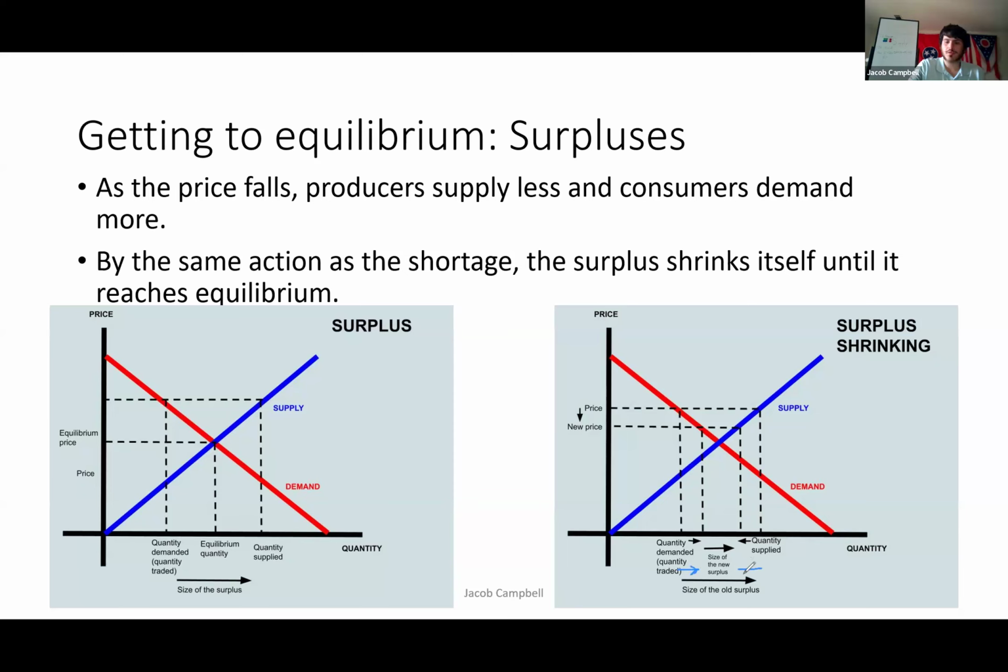And as the two move closer to each other, the surplus is going to shrink. And so it shrinks, it shrinks, it shrinks until eventually we get back to equilibrium. And once the two are equal to each other, everything that's being made is getting sold, and there is no reason to change the level of output.